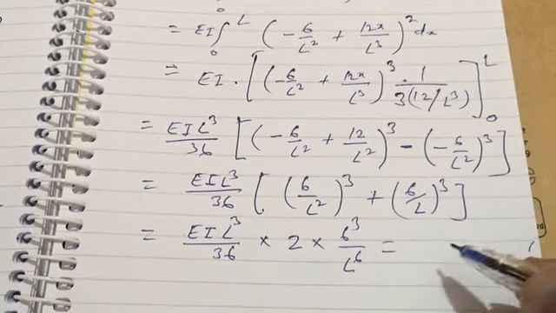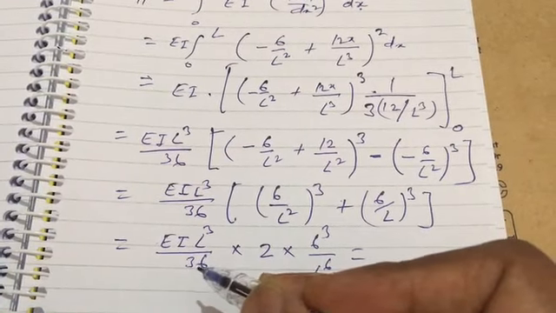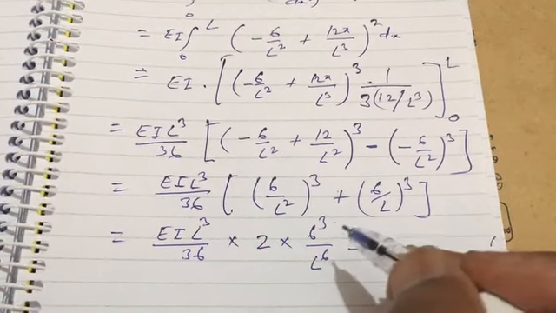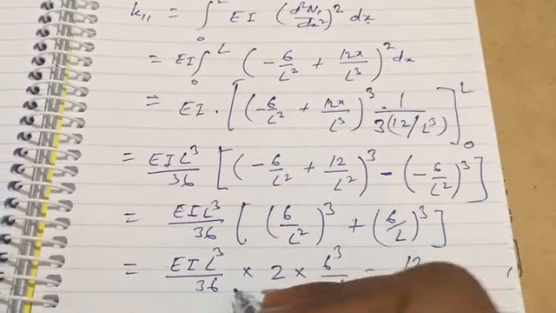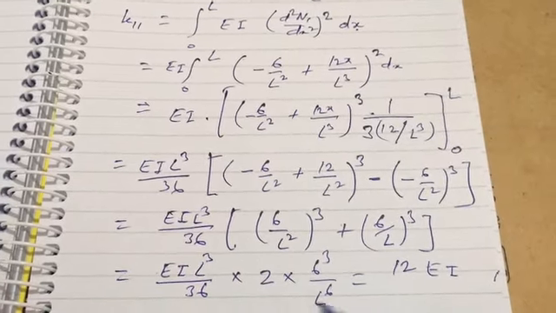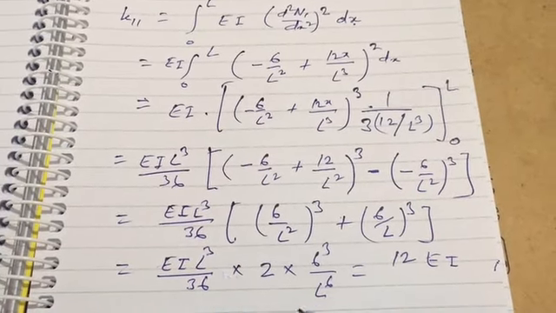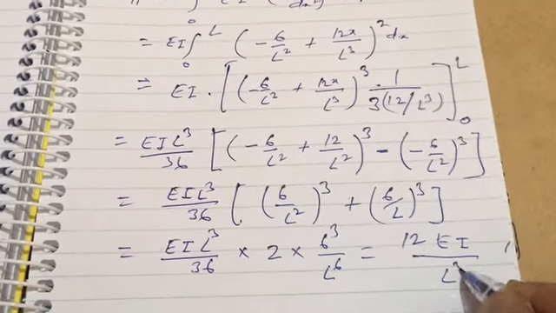Okay, so what do we get? This is 6 square, so we get 6 here, so we get 12 EI, and then L cube, and here L to the 6 over L cube.